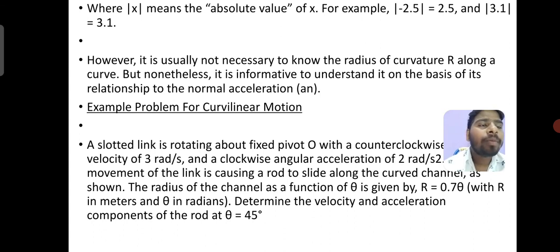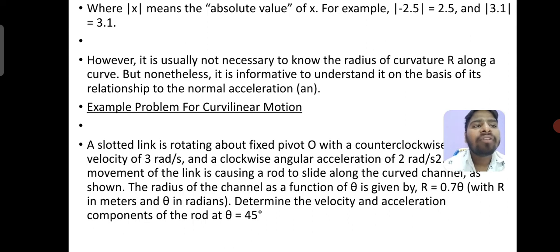For example, mod of minus 2.5 equal to 2.5 and mod of 3.1 equal to 3.1. However, it is usually not necessary to know the radius of curvature along a curve, but nonetheless it is informative to understand it on the basis of its relationship to the normal acceleration.